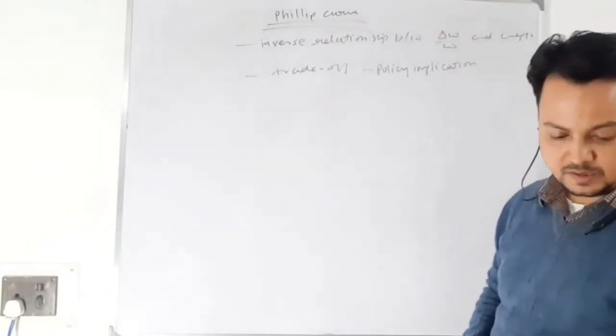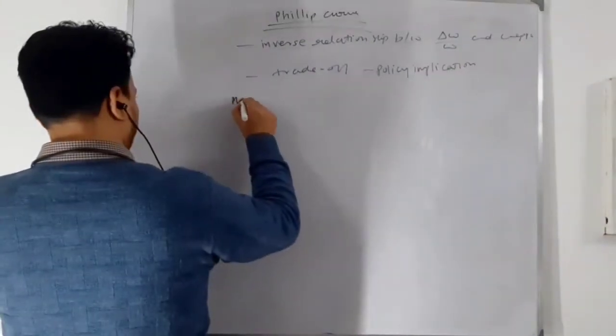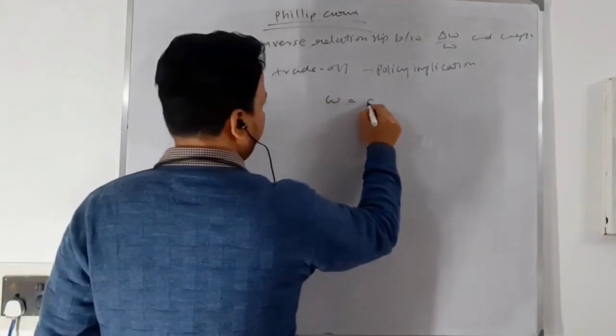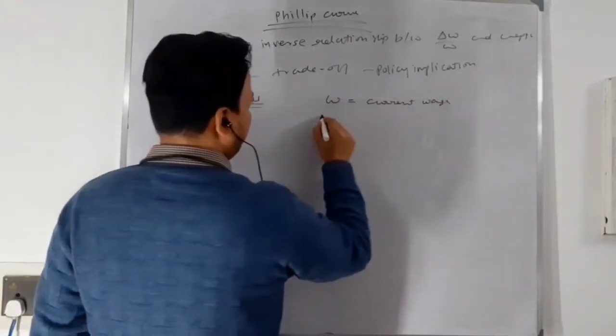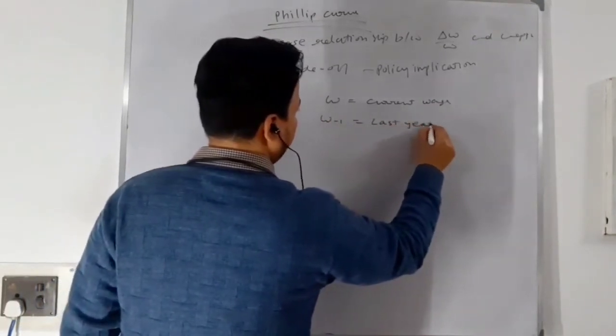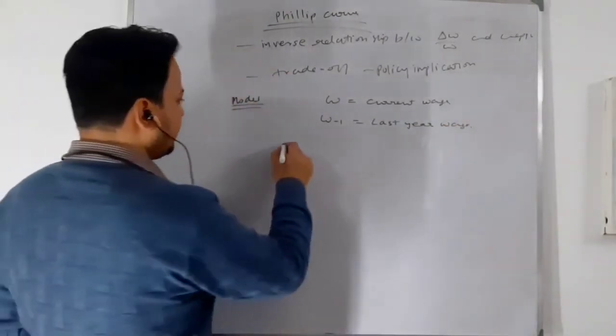So consider a simple model. Suppose W is the current year money wage, and W minus 1 is last year's wage. What is the definition of wage inflation?